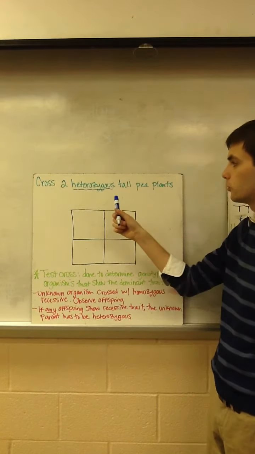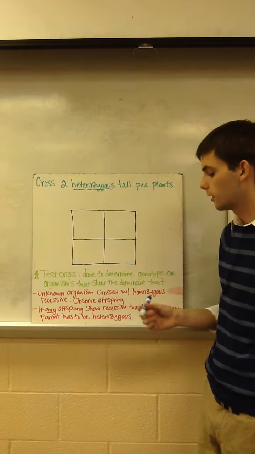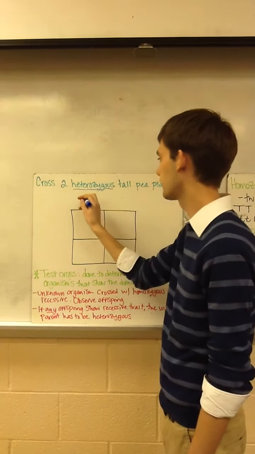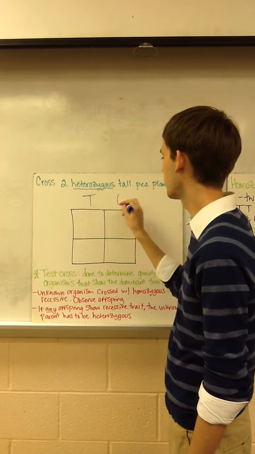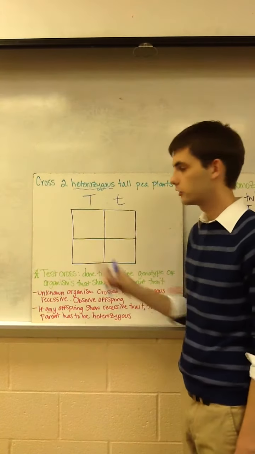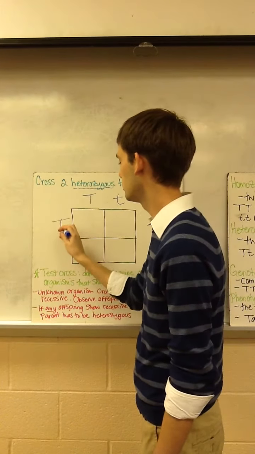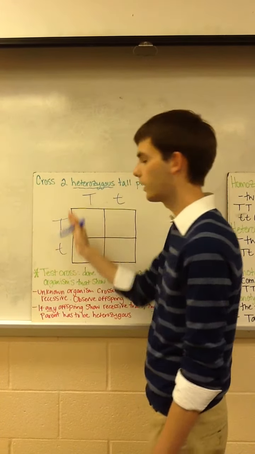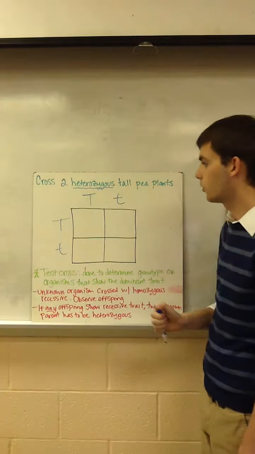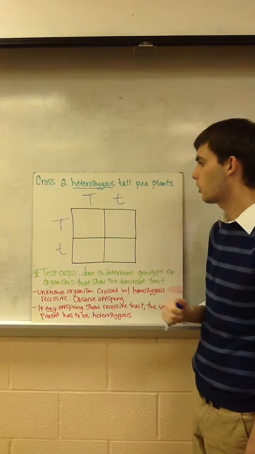So if we're crossing two heterozygous tall pea plants, we're going to represent that with a capital letter and a lowercase letter. You put each letter above each column, and you put the other parent on the left side of the Punnett Square. So now we have two heterozygous tall pea plants.